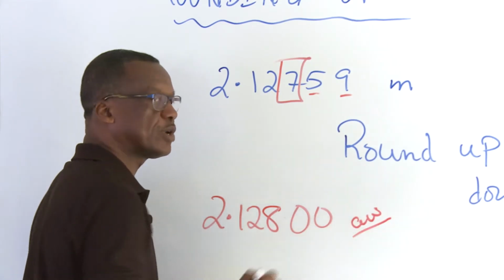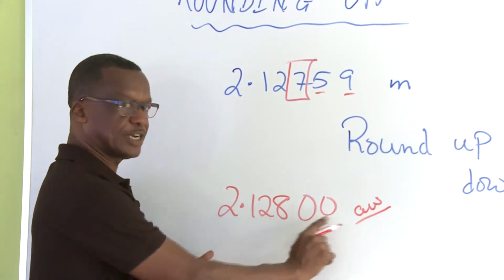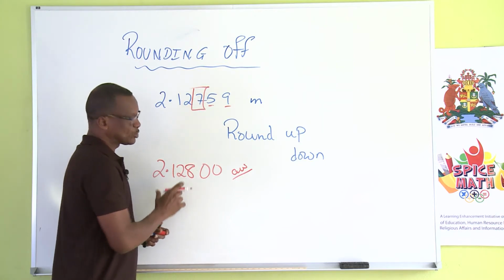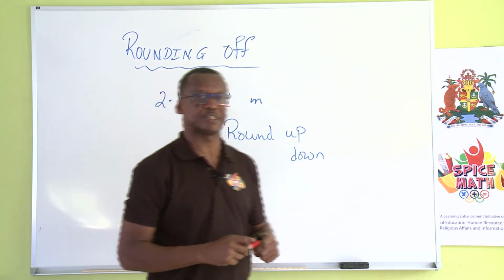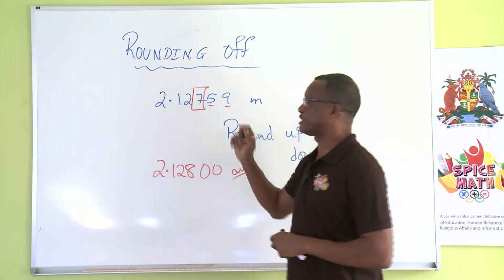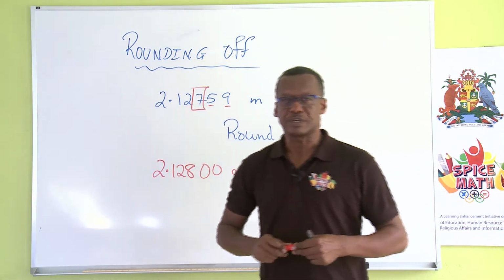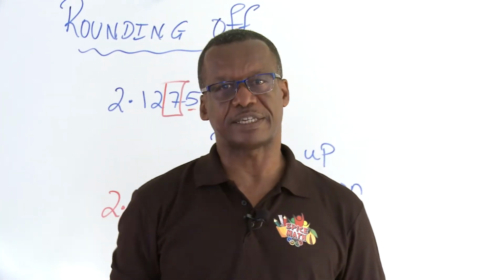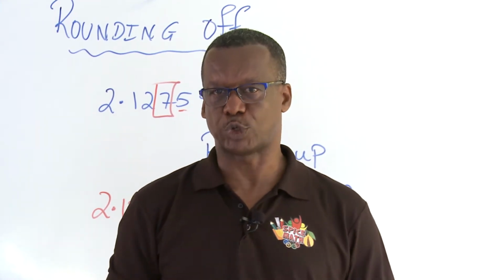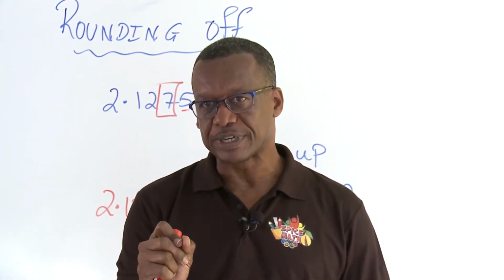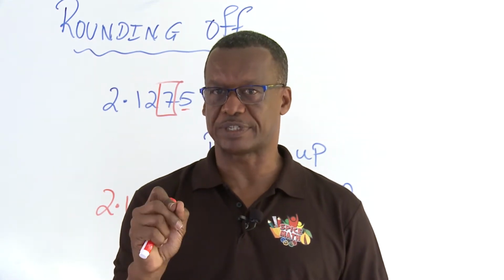And so this is our answer. 2.128 is rounded off to 3 decimal places from the number 2.12759. So what really is rounding off? 1, it is identifying your target. And 2, it is deciding whether you're going to round up or you're going to round down.